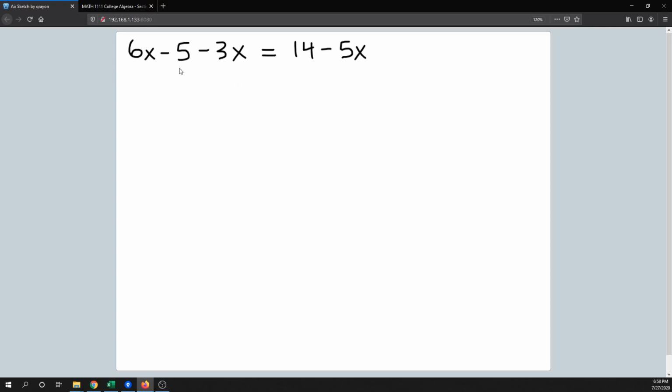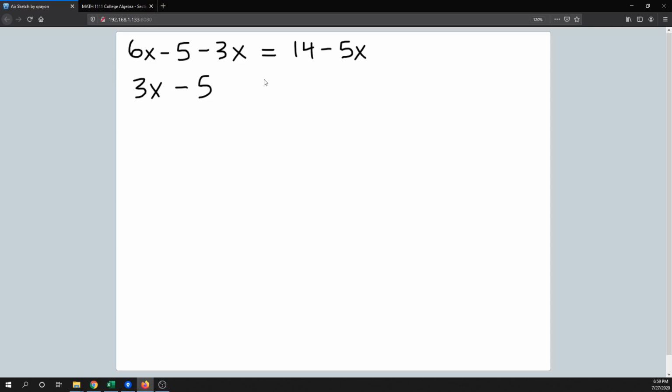The way we do that is we just combine the numbers out in front. 6x's minus 3x's is going to give me positive 3x. And then the minus 5 is not like any of the other terms on the left side of the equation, so it can't be combined.